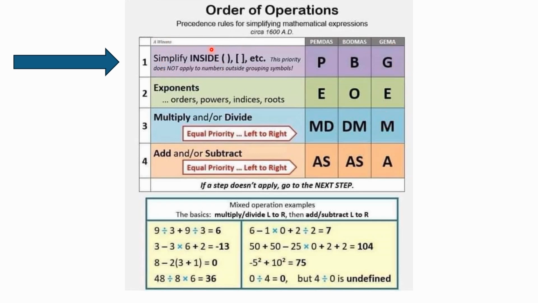But notice that the strict interpretation says simplify inside of parentheses and brackets. It says this priority does not apply to numbers outside the grouping symbols. So that does not apply here. Where it could apply would be if you're giving precedence to implicit multiplication, then you would actually have to insert a step in between 2 and 3 to do that.